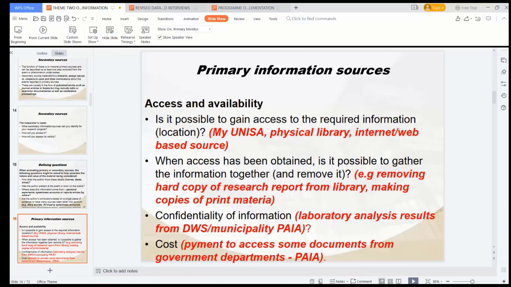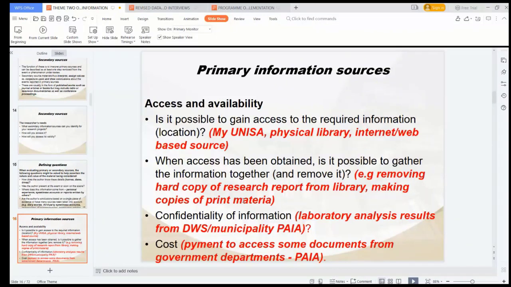When they apply, they are following PAIA, the Promotion of Access to Information Act. Based on that, a fee is charged to somebody who wants to access this information. Otherwise, some information which is classified would not even be accessible. It's not every information that one can access. And as I've said, some information might imply a cost.